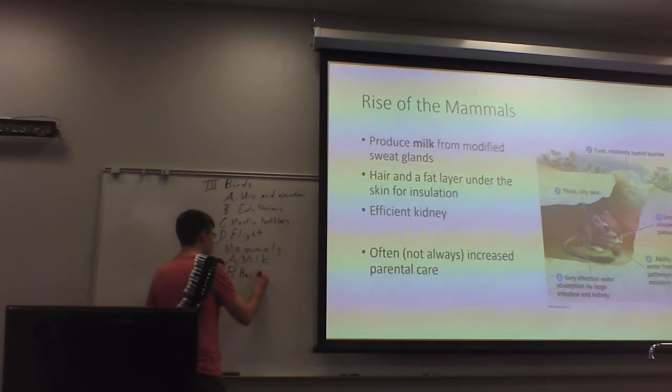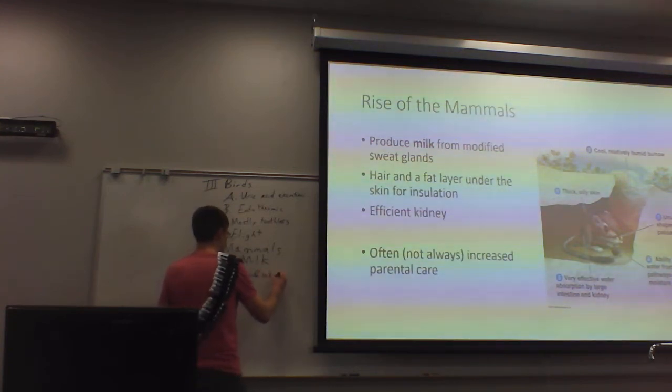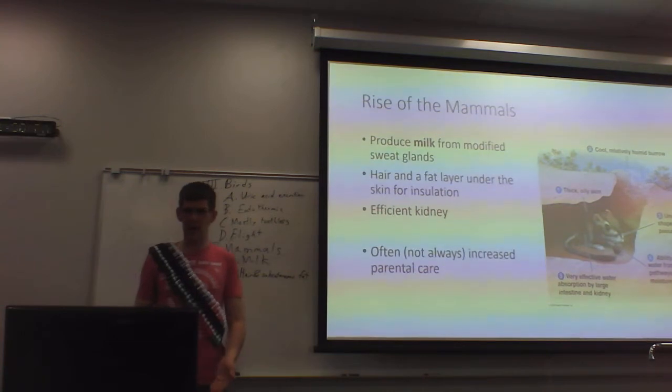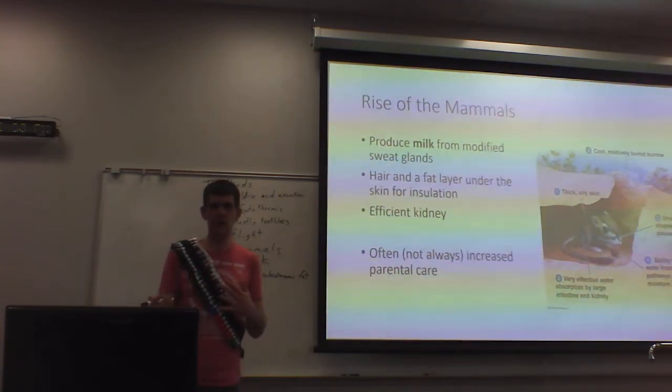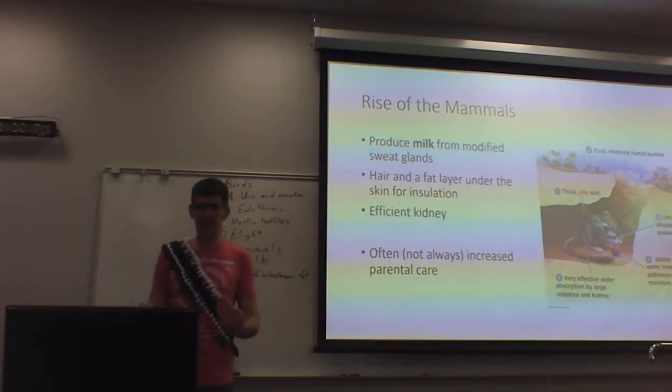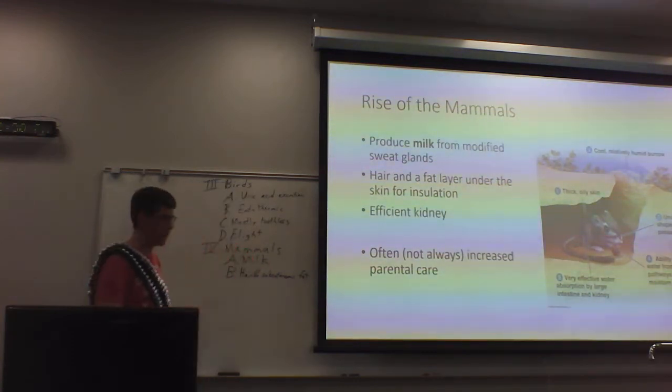Hair and subcutaneous fat: adaptations for living in hot, cold, and dry environments. Subcutaneous fat and hair help with insulation for either hot or cold, and in a very dry environment, hair is going to help as well.